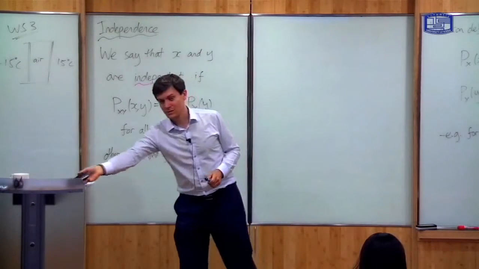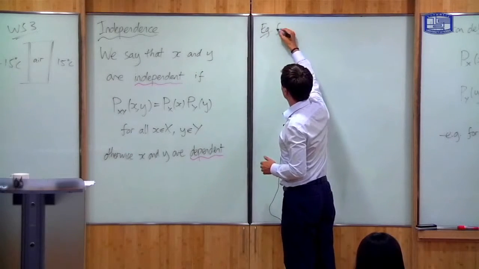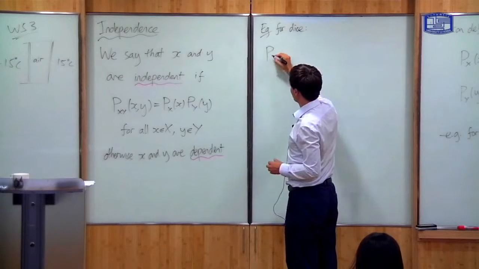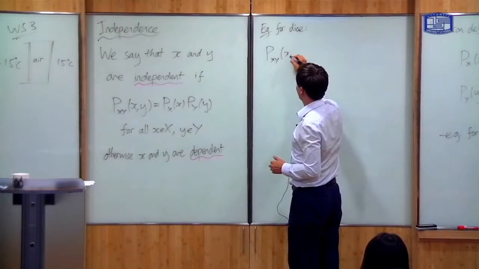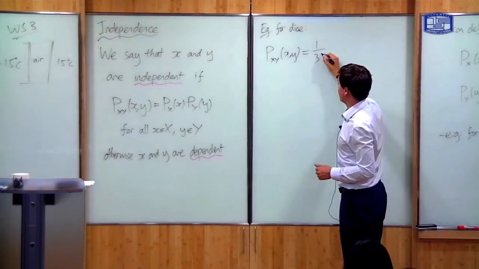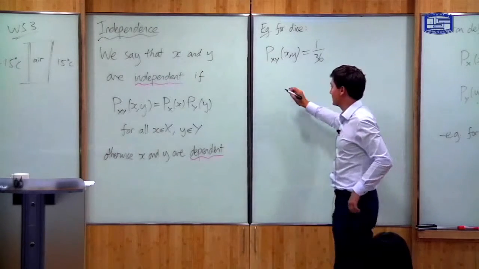Okay, so let's just look at it for dice. For dice, we said that the joint probability Pxy, whatever x and y are, is always equal to 1 over 36. Probability of any joint outcome is 1 over 36.